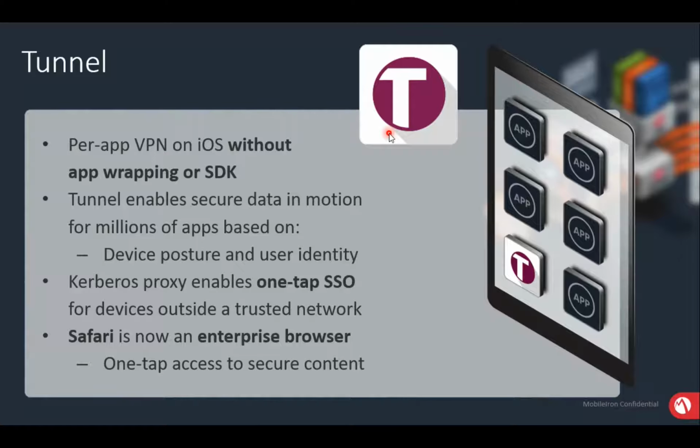So once a user clicks on the link, it will automatically open either the Safari browser or Web@Work. If it is Web@Work, you don't need to have a tunnel. Or if it is opening in Safari, automatically the VPN will be triggered, and with the Kerberos proxy enabled, it will have single sign-on, and automatically let the user get inside SharePoint without even asking for the credentials.